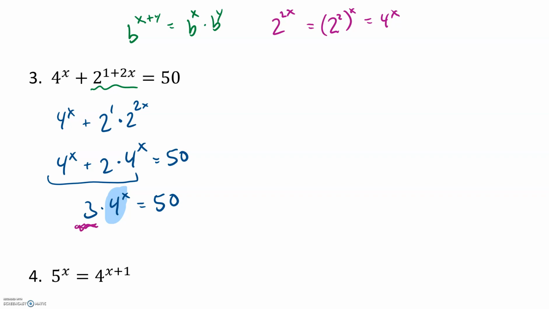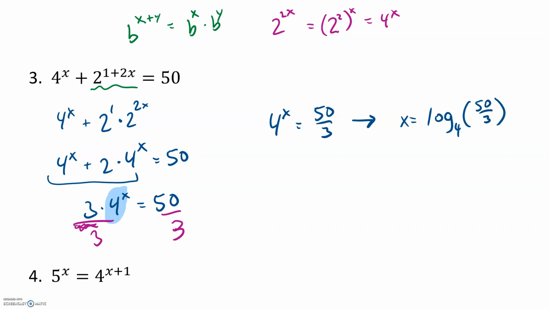So what I'm going to do is divide both sides by 3 and turn this into 4 to the x equals 50 over 3. And now we have that fraction, but that's fine. We can rewrite this as x equals log base 4 of 50 over 3. And as an exact value, that's a perfectly fine final answer.